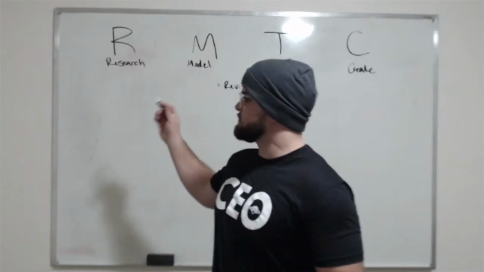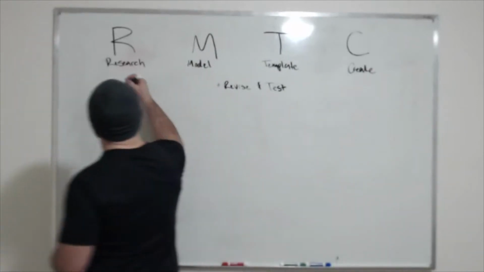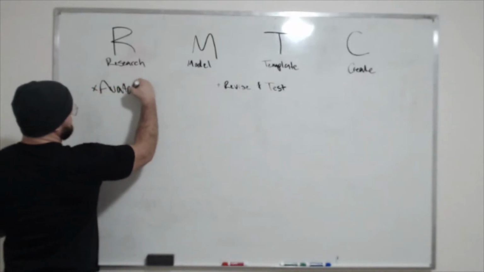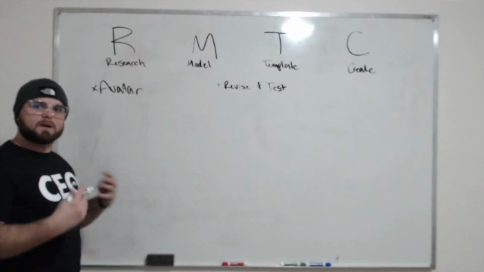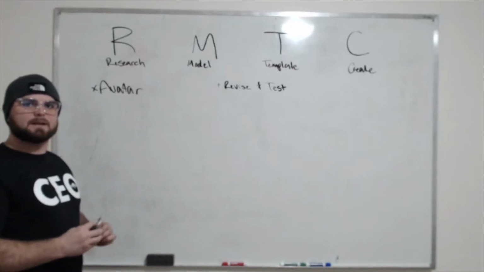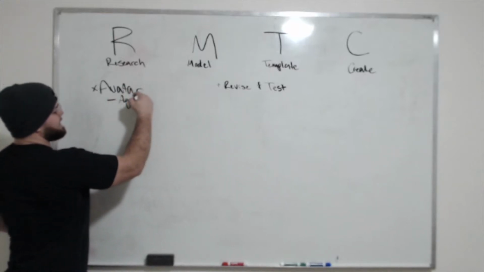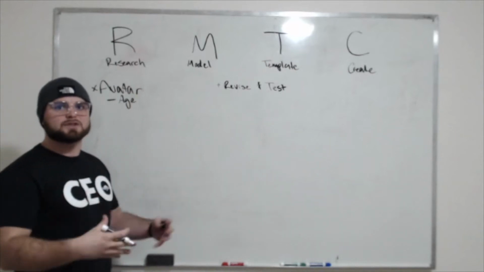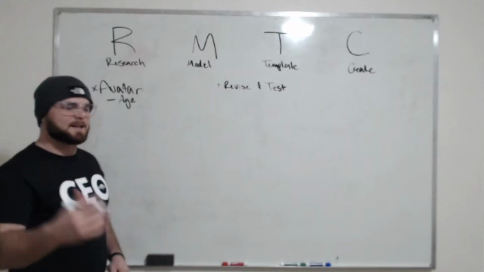Okay, so when it comes to research, there's a few things that you want to look for. Okay, you want to create kind of an avatar. Okay, and so when we're looking at the avatar, what are the elements that we need to know? We need to know kind of their age bracket, and this is probably stuff you've already heard multiple times, but it's so important, we really need to drill it in again.